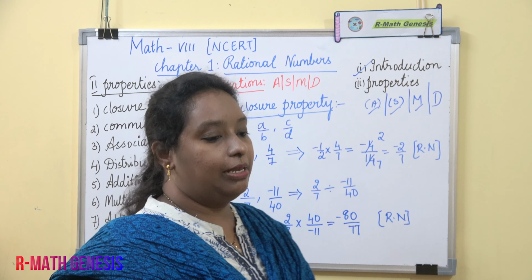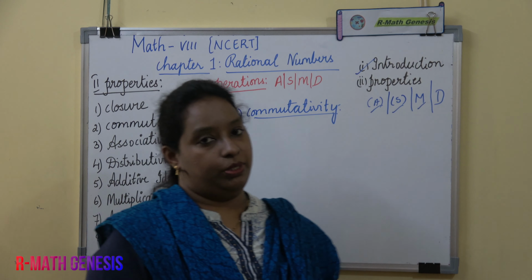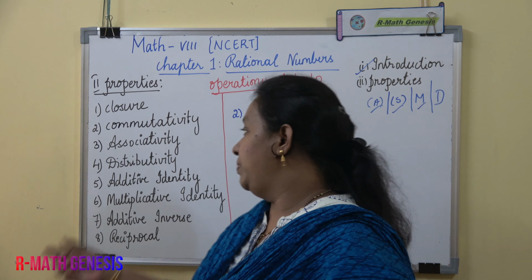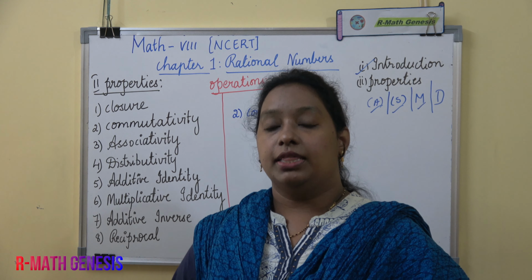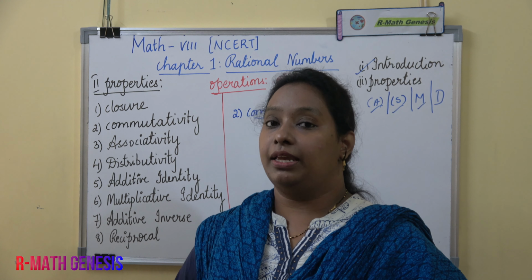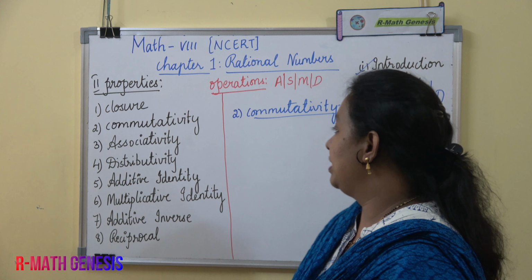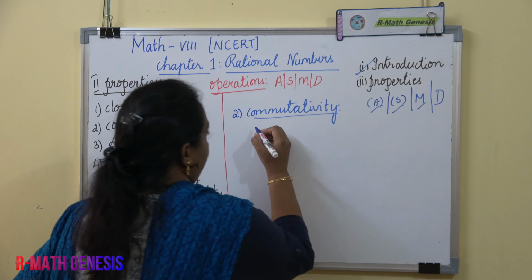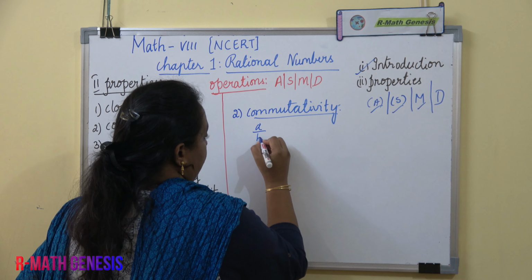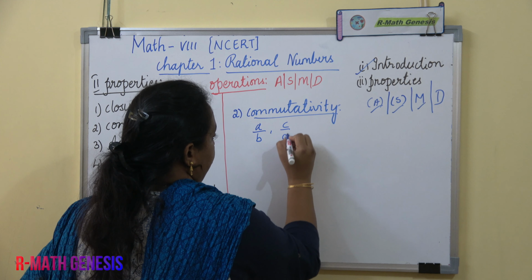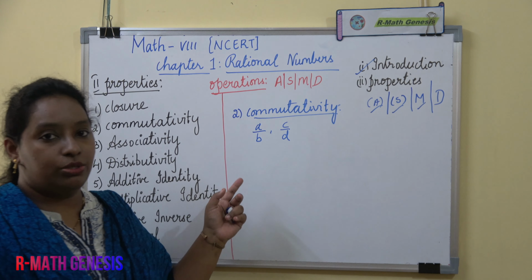These are the properties. Next comes commutativity. What is the commutativity property? The sum of two rational numbers in any order gives us the same result. For example, we take A by B and C by D, two rational numbers.